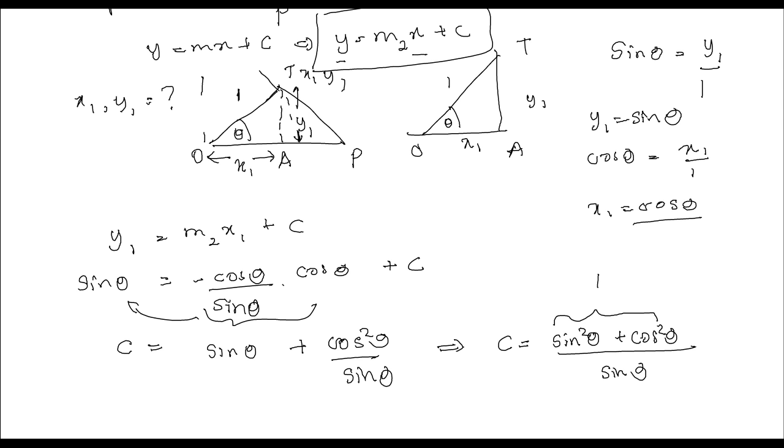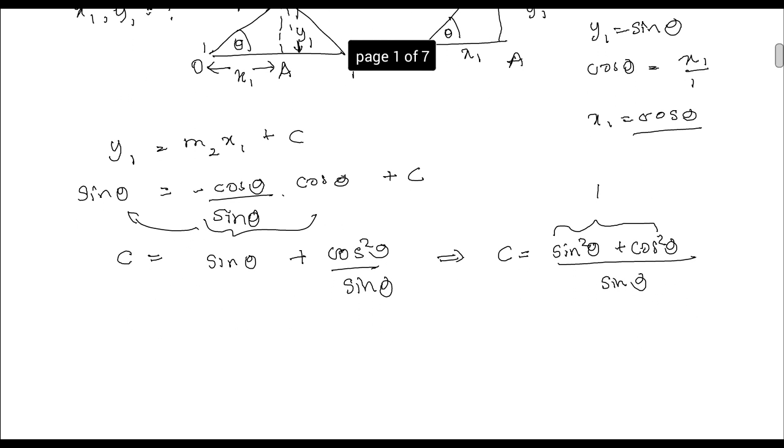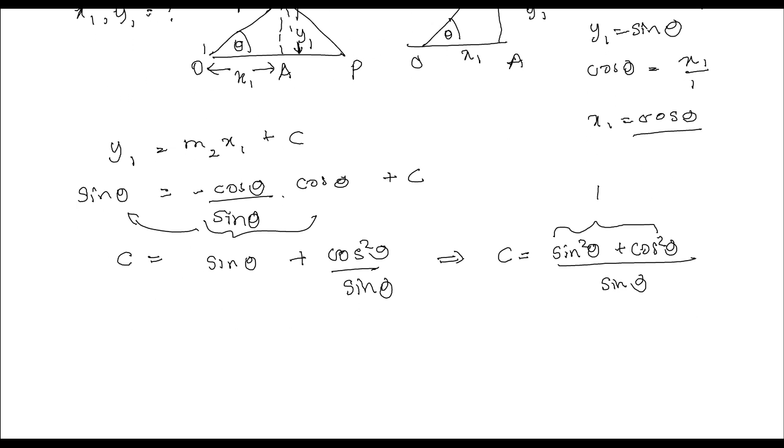That's from trigonometric rules. Sine squared theta plus cos squared theta equals 1. You need to remember those. Of course, if you are close to HSC max exams, you should remember them. So that is 1 over sine theta. So I know my c constant in the equation.